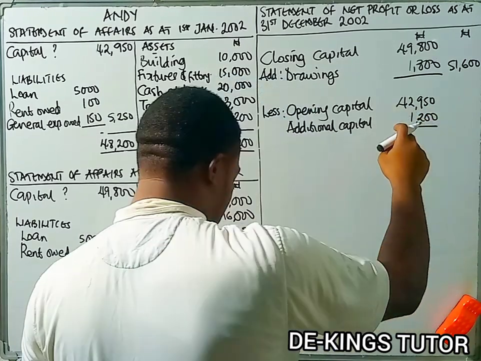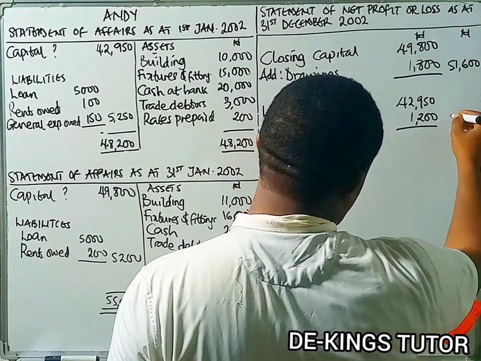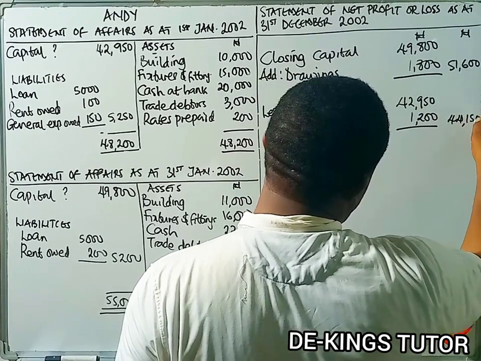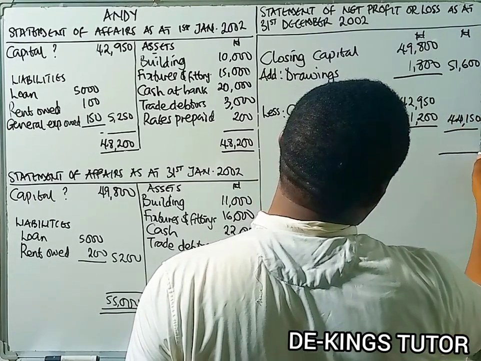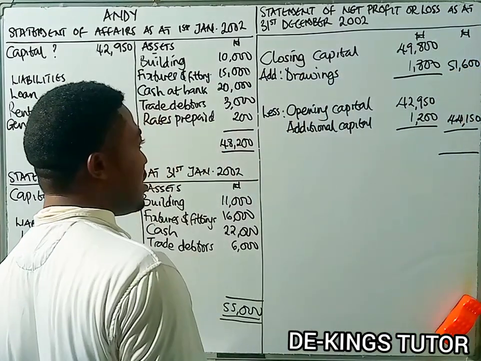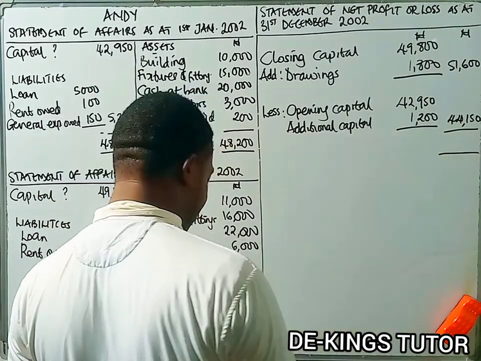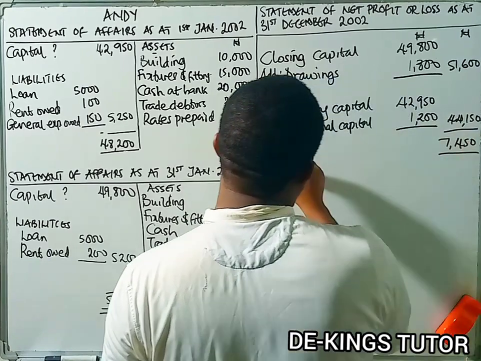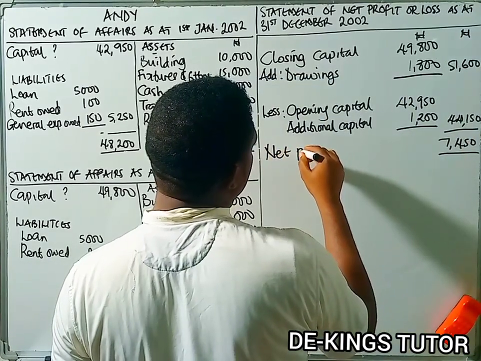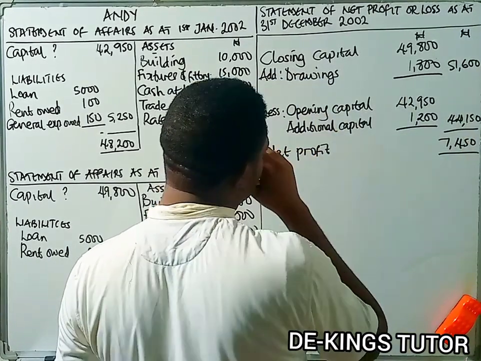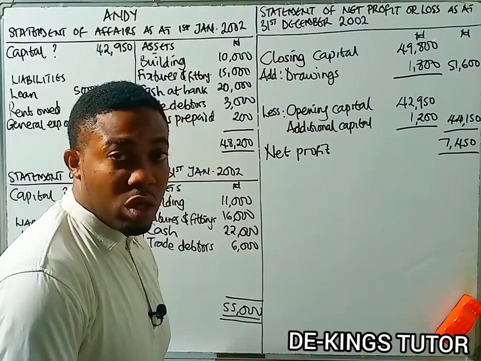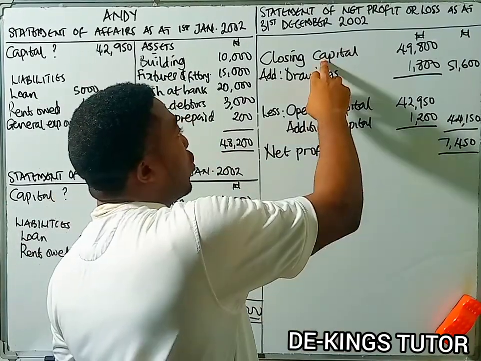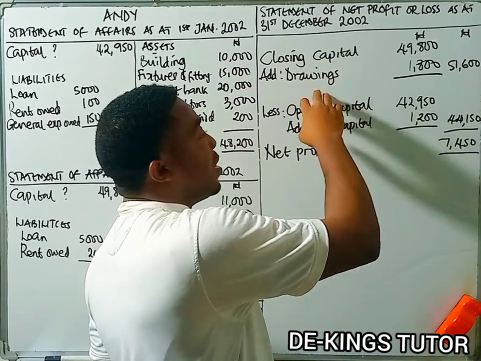So this plus this will give us 44,150. So 51,600 minus 44,150 will give us 7,450.